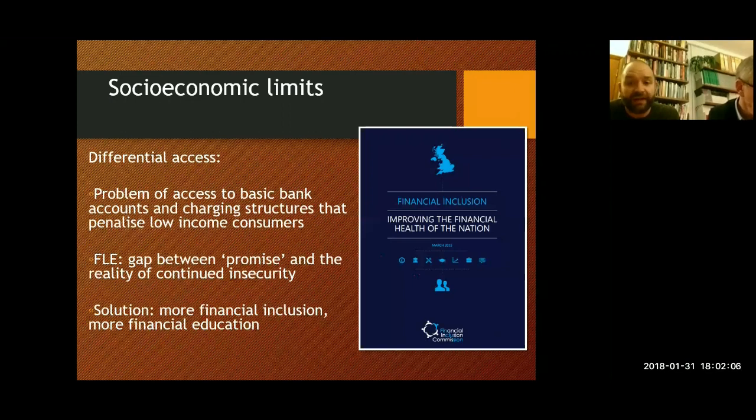In the UK, there has undoubtedly been a lot of success in reducing the number of individuals who didn't have any access to banking services, in particular the number of unbanked individuals. But that's led to a wave of new research over the last 5 or 6 years that questions how effective that has been in improving the life chances of those individuals who become part of the mainstream financial system.